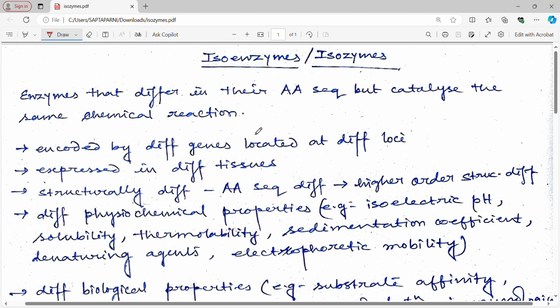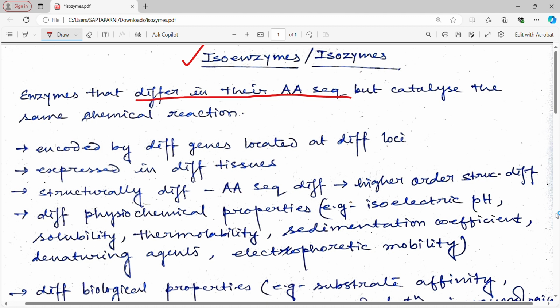So in today's video we are going to learn about isoenzymes or isozymes. This is a very important concept regarding enzyme chapters in your biochemistry syllabus. So, what are isoenzymes? Isoenzymes are those enzymes which differ in their amino acid sequence.